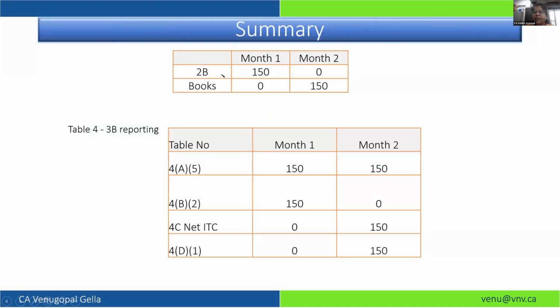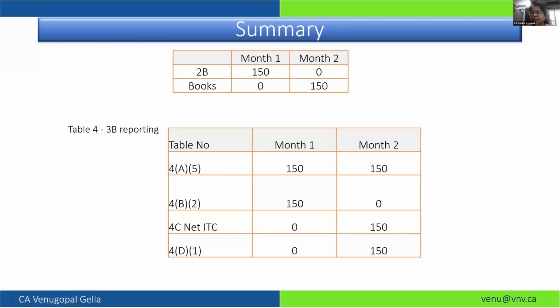Like this is the summary, where 2B in month 1 is showing 150, but in books, you have not received the invoice and you have accounted it in month 2, 150. So how will you proceed? In 2B auto-populated into 3B in the first month, it will show in 4A5. And what you will do is show 4B2 as a temporary reversal. So your net ITC availment for month 1 will be 0.